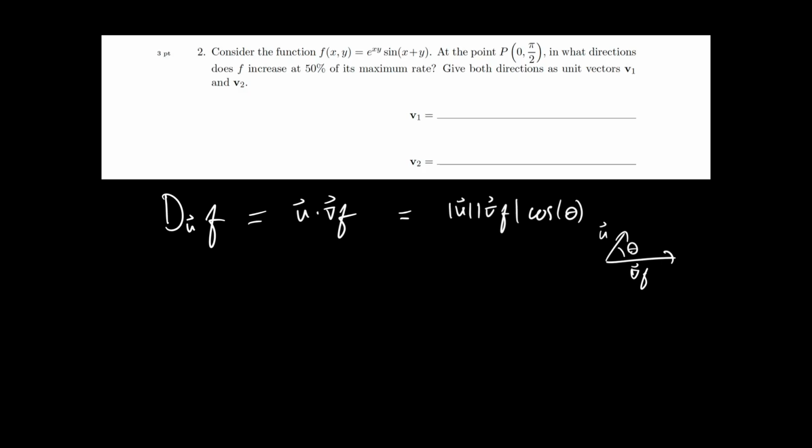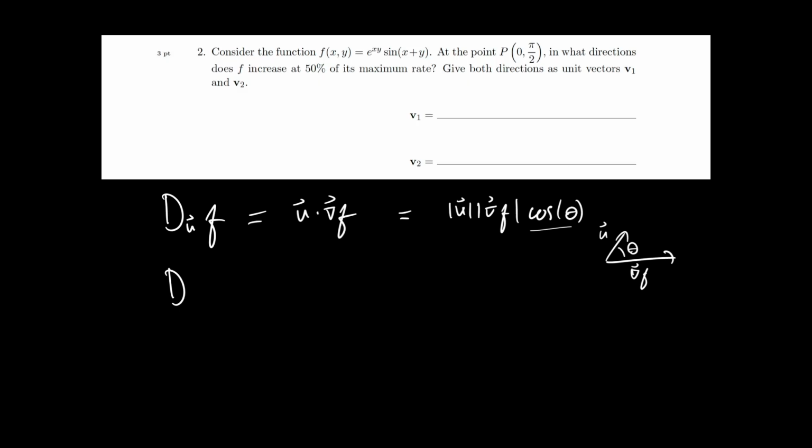So if we have u there and the gradient of f here, then the angle between those is theta. And then if you want to calculate the maximal value of that directional derivative, the maximum rate of increase of the function f, then that occurs, of course, if the angle theta is 0, because in that case our cosine will be equal to 1, and so that's going to be the largest value that the directional derivative will get.